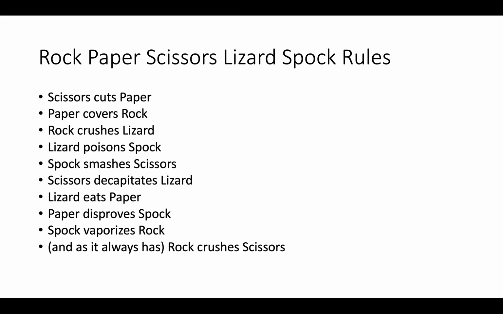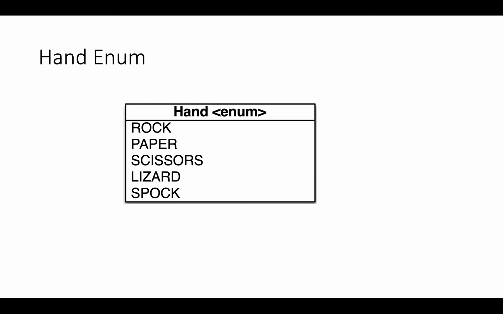The first thing is that since there are exactly 5 and only 5 possible hands that can be put forth, that makes it a natural for using an enum. Now here's what our enum is going to look like.